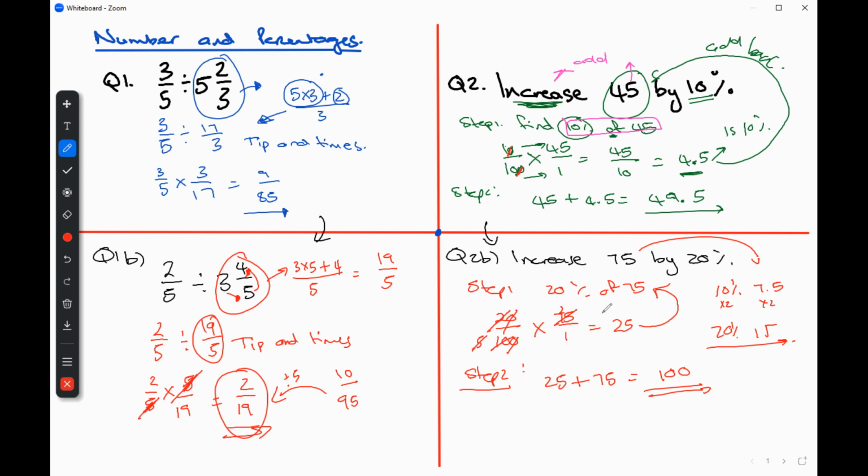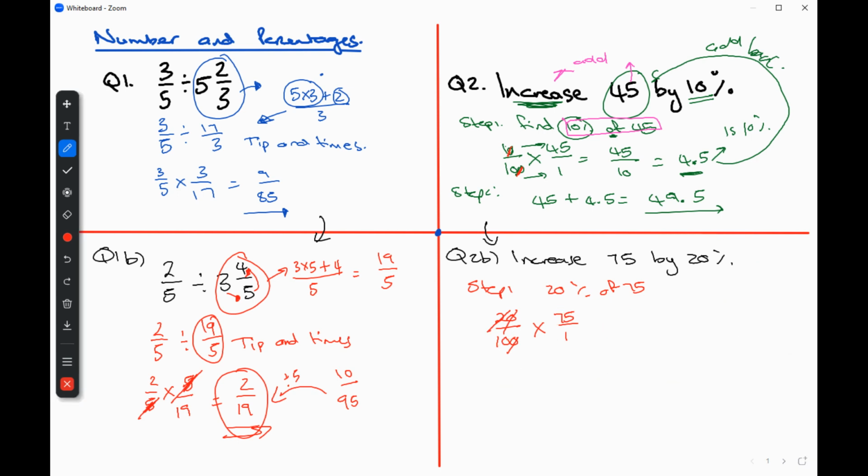That makes more sense and not 25. So something went wrong here. And let's double check this, right? I'm going to go back again. 20 over 100 times 75 over 1. The zeros cancel. 2 goes into 10 5 times. But what is 75 divided by 5? That's 15. That's supposed to be 15.